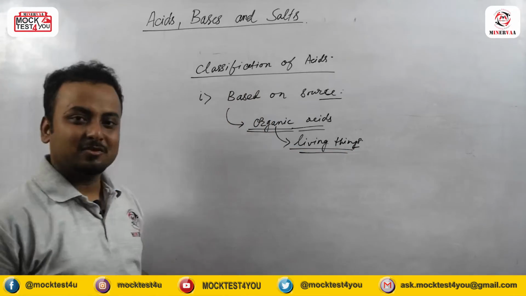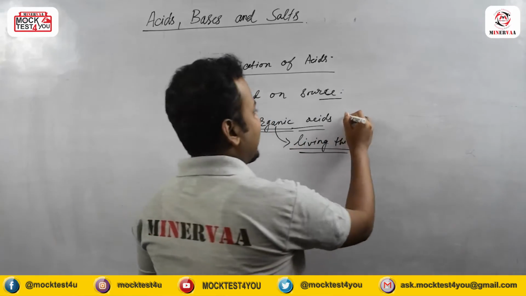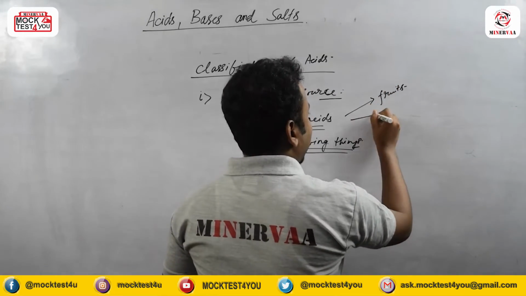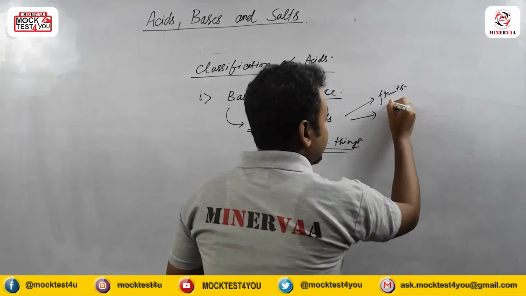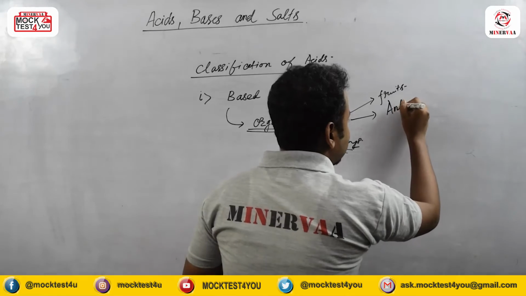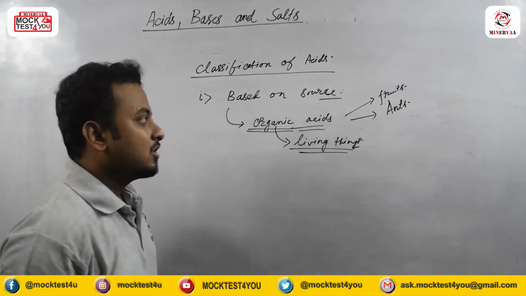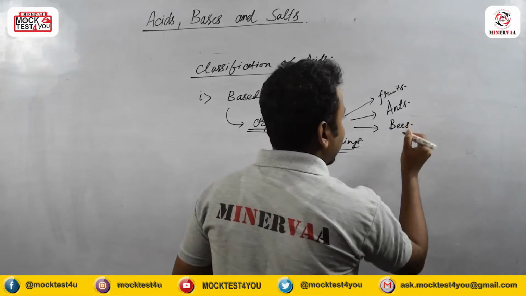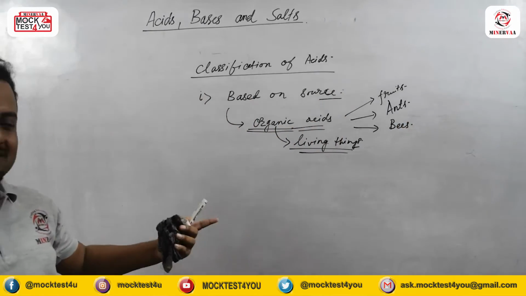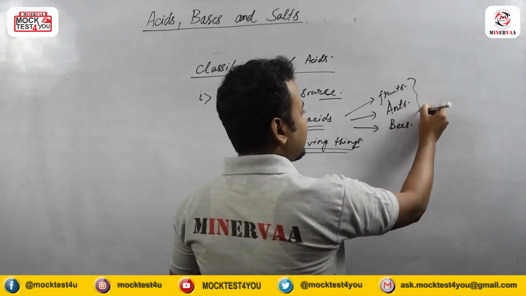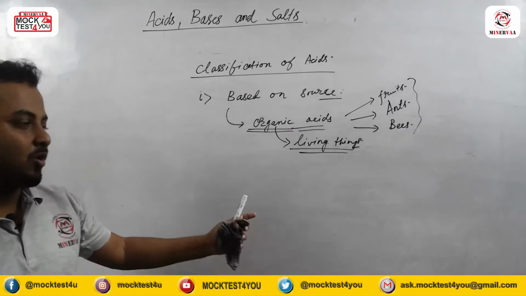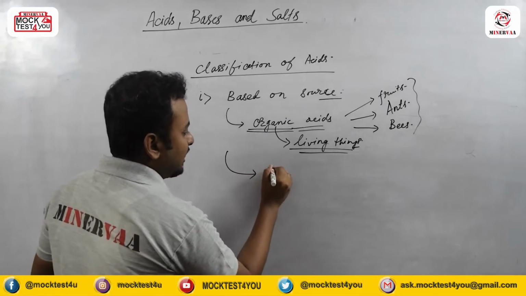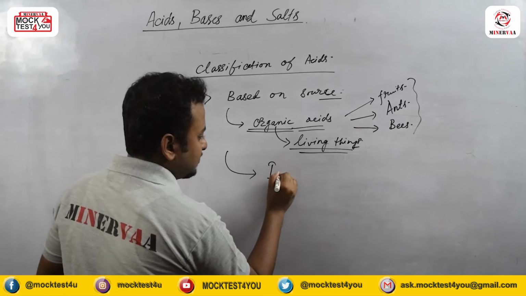What are the living things from which acid comes? It can be fruits. Do you know that acid is also present in ants? Acid is also present in bees. So the acids derived from plants and animals are known simply as organic acids. The second type of acid is called inorganic acids.